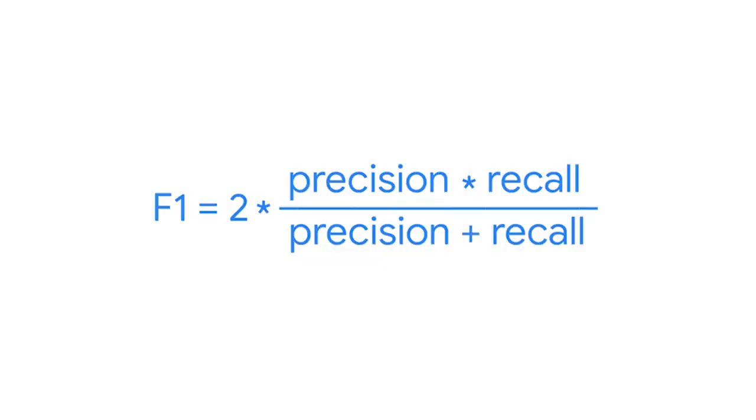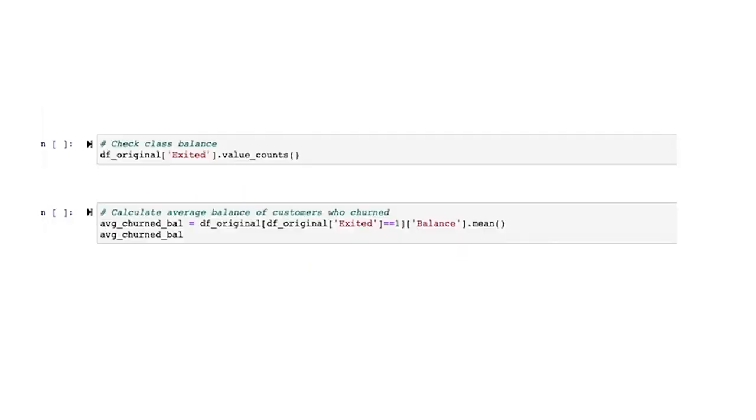The metric that helps us achieve this balance is F1 score, which is defined as the harmonic mean of precision and recall, or their product divided by their sum. Again, there are many metrics to choose from. The important thing is that you make an informed decision that is based on your use case. Now that we've decided on an evaluation metric, let's prepare the data for modeling.